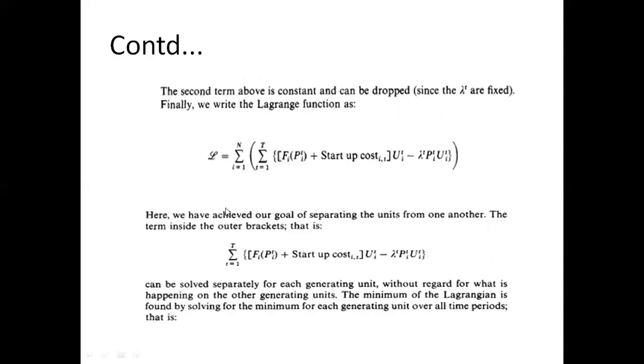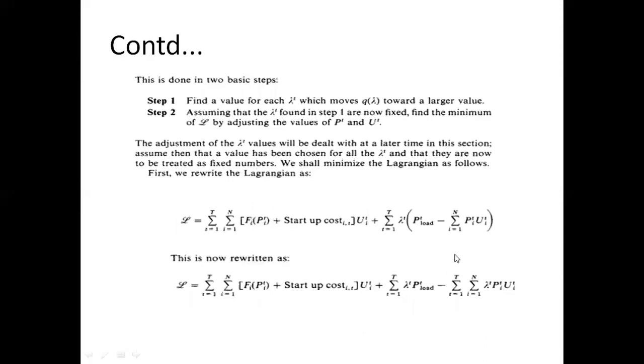So the second term in the above expression can be dropped, since lambda t are fixed. We can easily drop that particular term because lambda t and p load to the power t are fixed.